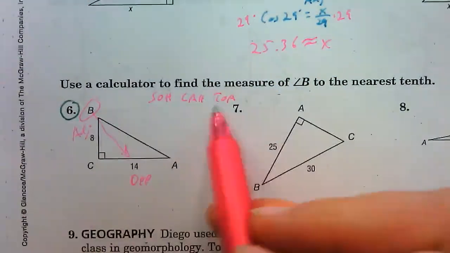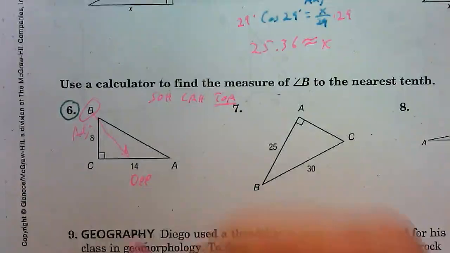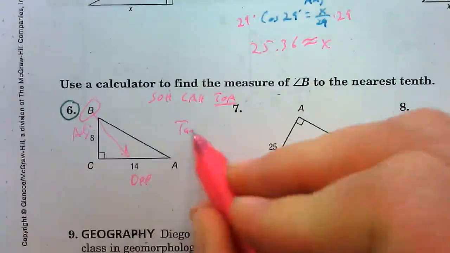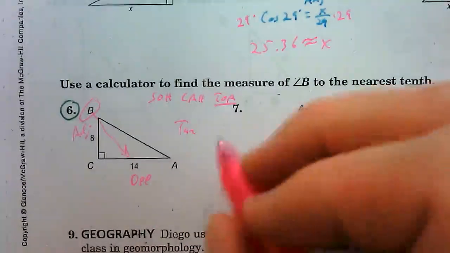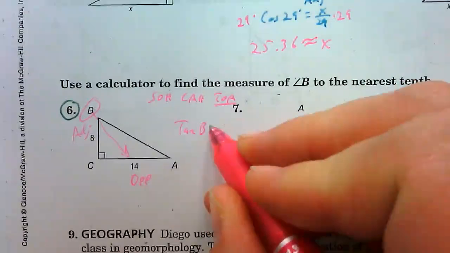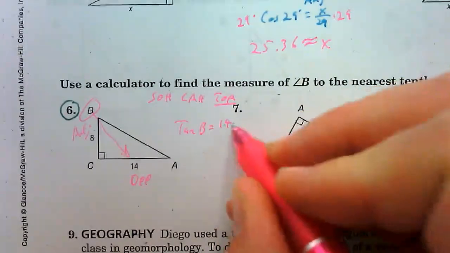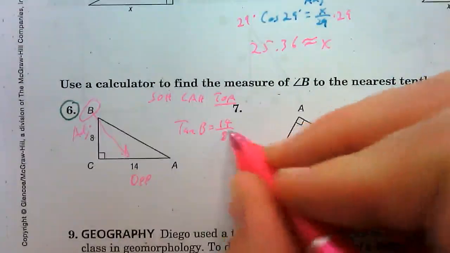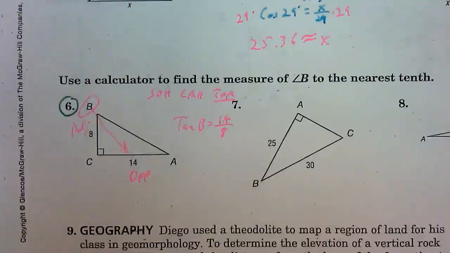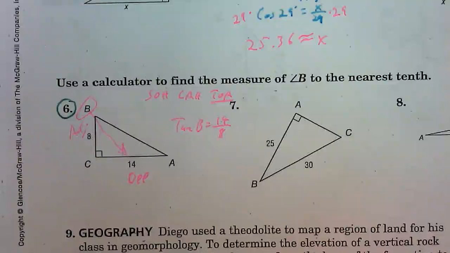Opposite and adjacent, the only one that has that is tangent. So tangent of the angle measure, which we don't know, so we're just calling it B, is equal to opposite, 14, over adjacent, 8.